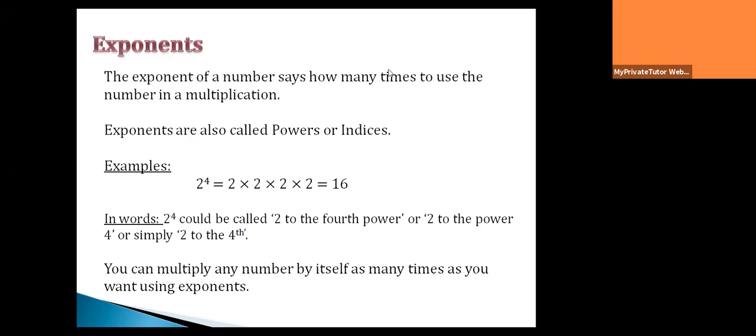Let me share the whiteboard and explain a bit more. Let's say x power n. What does it mean?